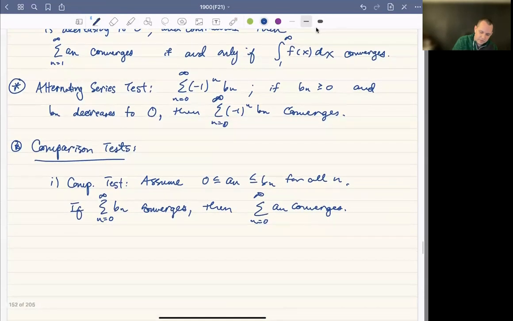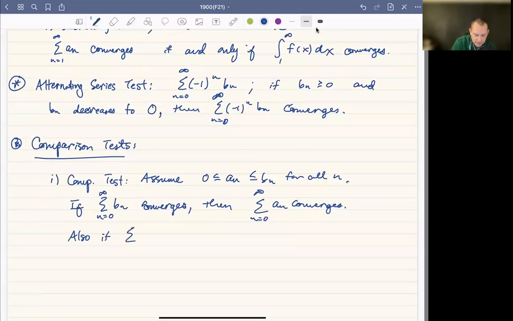Hopefully that's reasonably intuitive. Also, there's a second part to this first comparison theorem. If the sum of the smaller terms diverges, then the sum of the larger terms diverges. Okay, so that's the comparison test.